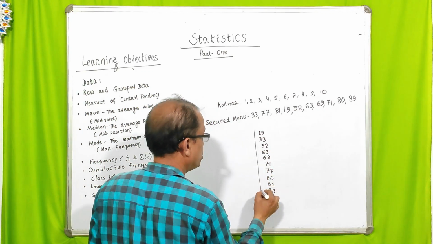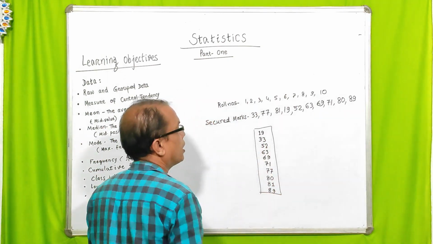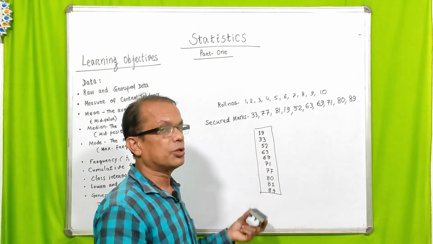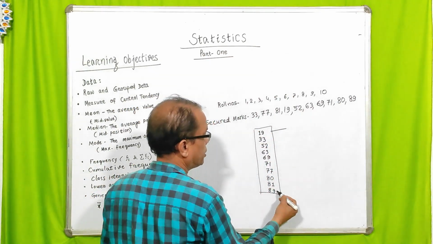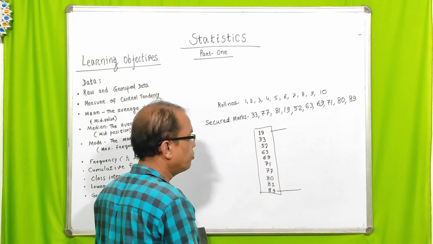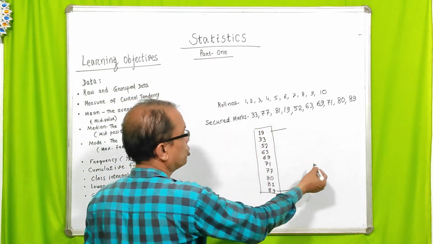So these values are now organized, and this data can give us a central idea: the lowest scorer, the highest scorer, and the people who are in the middlemost value.